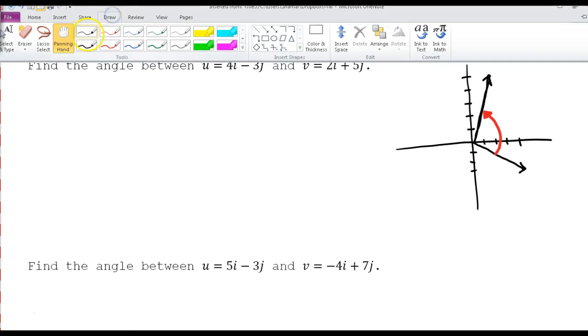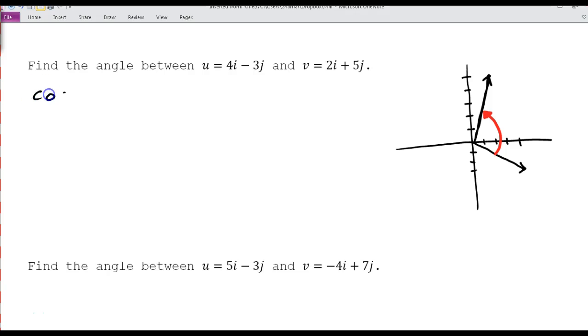Alright, so our formula says that the cosine of theta, we're going to call this theta here, is going to be u dot v divided by the product of the magnitude of u times the magnitude of v. So I've got u dot v. I'm going to do some calculations on the side.